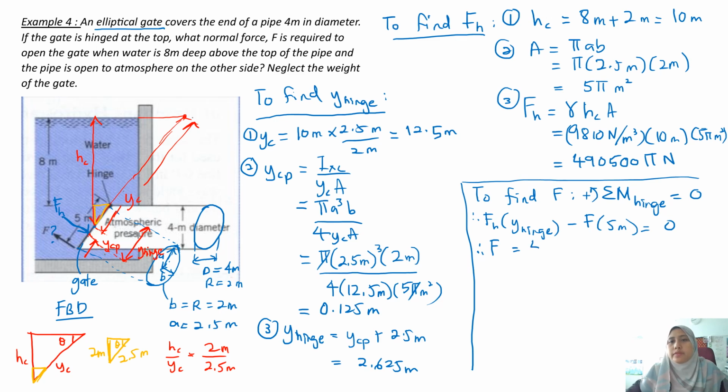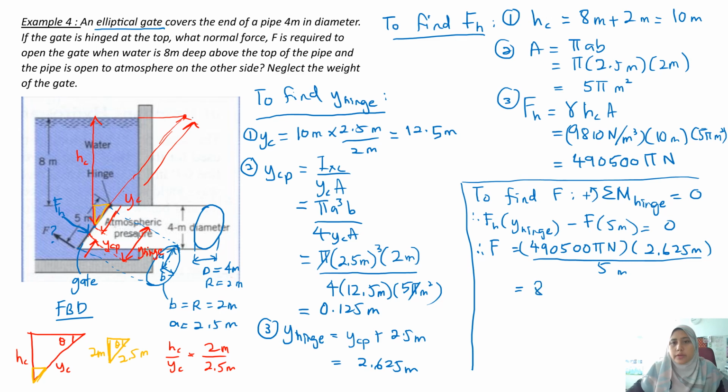So FH is 490,500 pi Newton times Y hinge. Y hinge is 2.625 meters divided by 5. So you should get the answer as 490,500 times pi times 2.625 divided by 5.